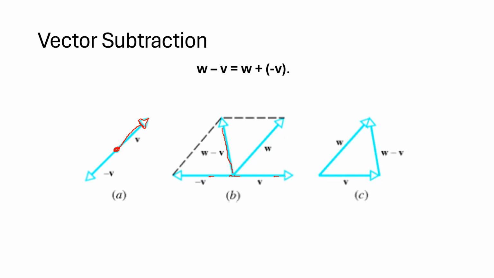The difference can be obtained geometrically by the parallelogram method as shown in this figure, or more directly by positioning w and v so their initial points coincide and drawing the vector from the terminal point of v to the terminal point of w, which is this one.